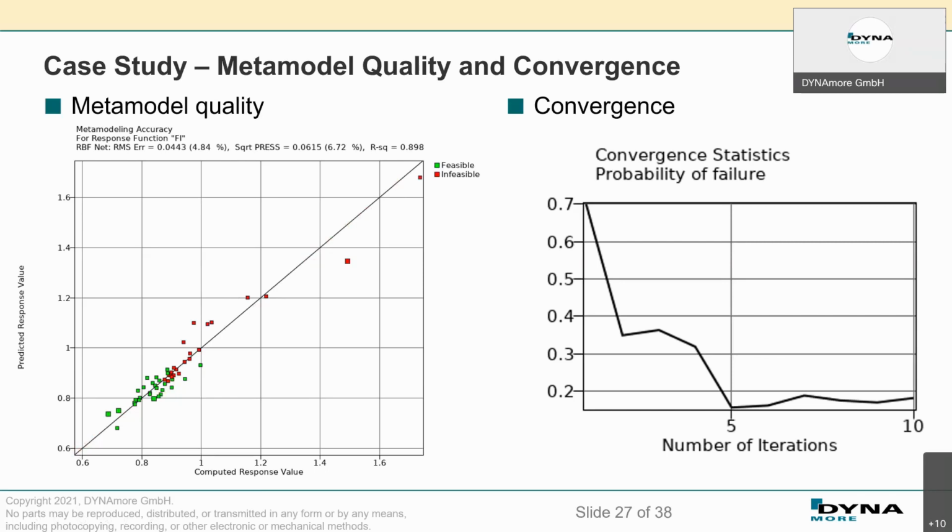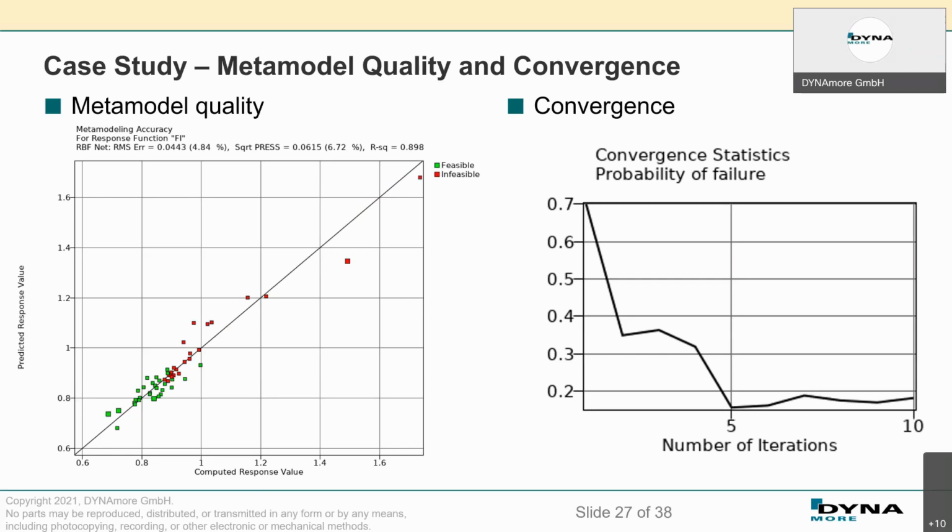So all the points that are exactly on that black line, that means that computed and predicted is exactly the same. So we would have an exact fit of the metamodel. So in this case, the points are definitely close enough to that black line, and the quality of the metamodel is good enough.